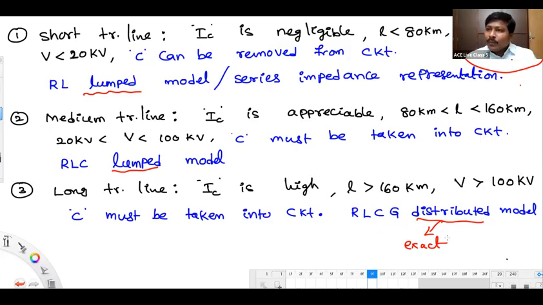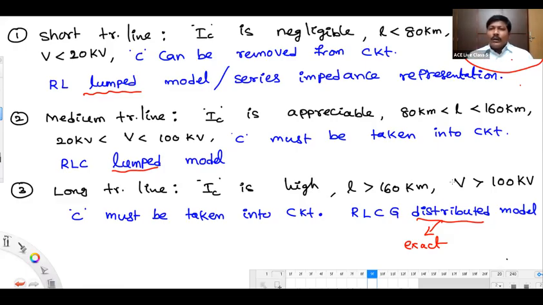Can I go with the RL lumped model? Yes or no? No, we should not go. Can I go with the distributed model? Yes, because it's the exact model of line representation all the time. Whereas for length more than 160, we should go with only the distributed model.